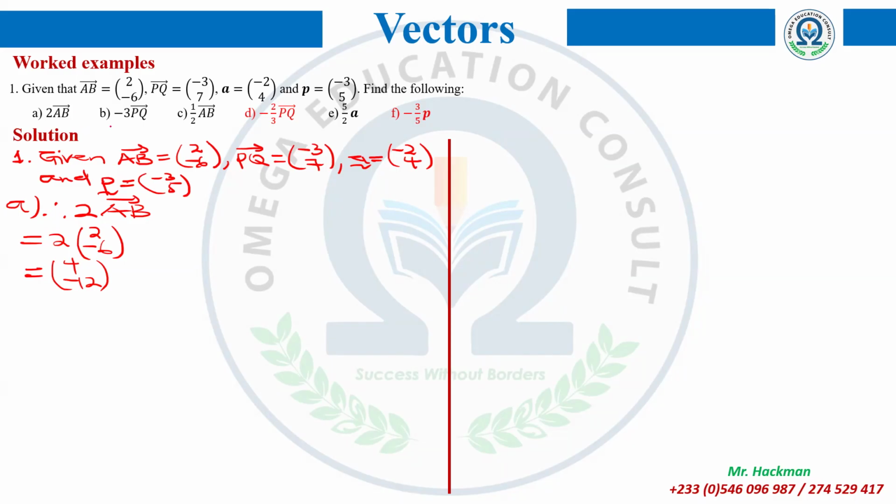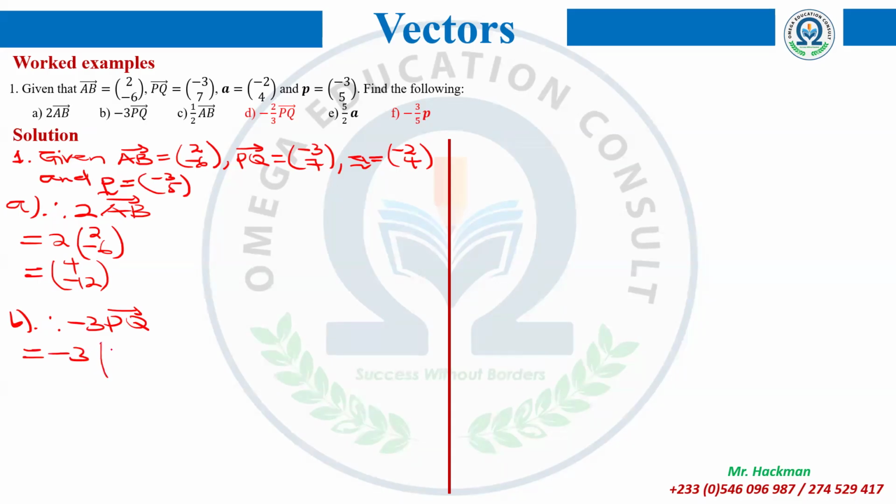So let's do B as well. What are we dealing with? -3 times the vector PQ. Don't forget your arrow. Other than that, you are not dealing with a vector. And that will be equal to -3 times, you substitute your vector PQ.